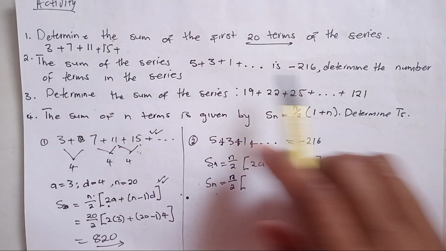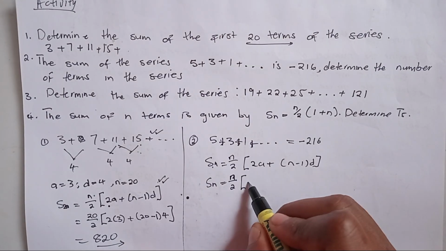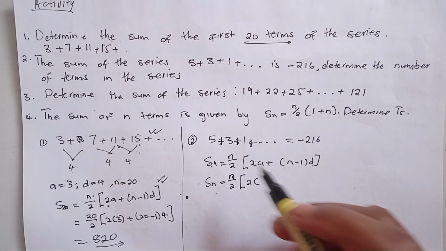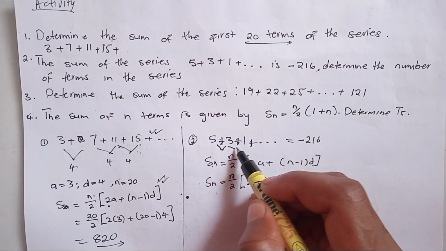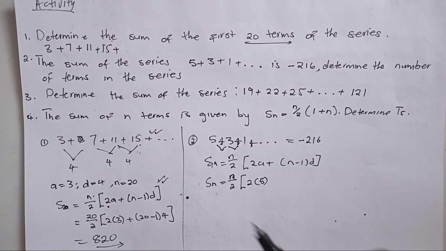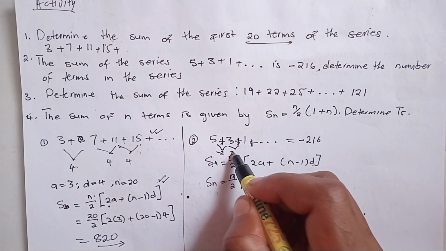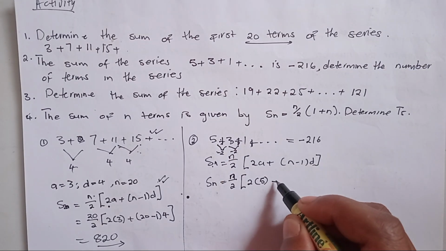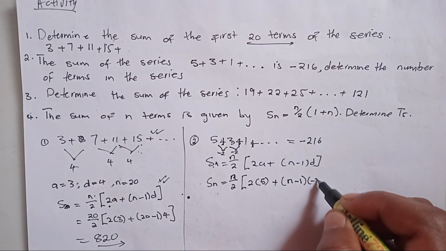Remember, they said determine the number of terms. So what will be a? Our a will be 5. And then what will be our d? Our d is going to be 3 minus 5, which is minus 2. 1 minus 3 is minus 2. So it's going to be n minus 1 into minus 2.